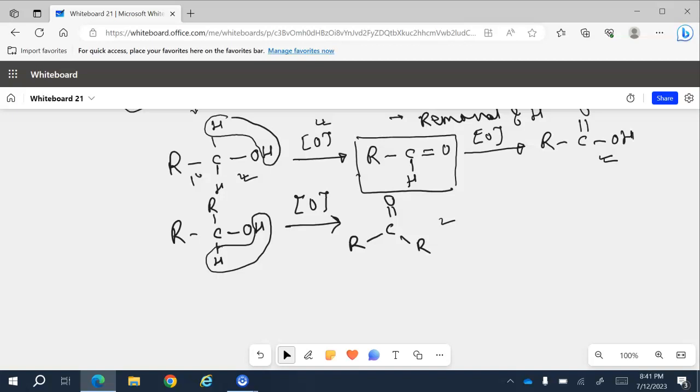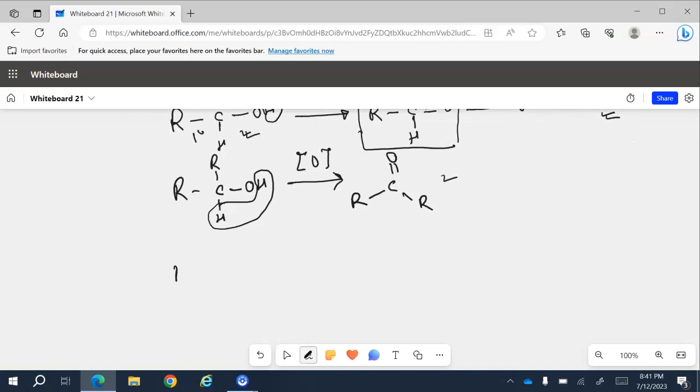Whereas if we take a tertiary alcohol, like R, C, R, and OH, there is no other hydrogen to be lost in this case. So if you oxidize this one without breaking the carbon bond, no oxidation will occur.